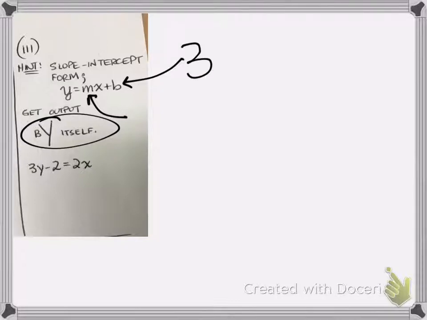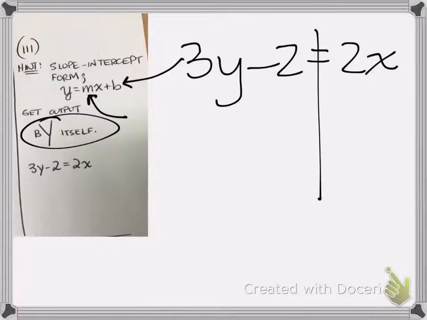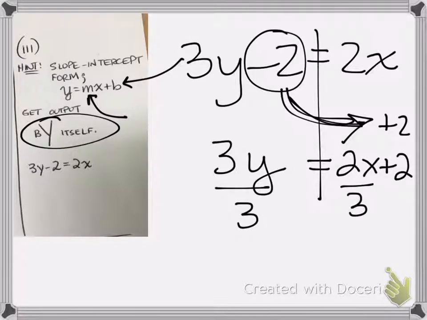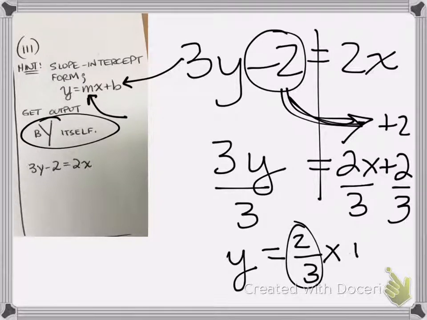My first step, and I'll write it a little larger so it's easier to see the work, the only thing that's on that same side with the y right now is the minus 2, so we're going to kick that to the other side, which gives us 3y equals 2x plus 2, right? Change sides, change signs, that's why that changes. And now we just have to divide everything by 3, so we can get that output y isolated. So slope-intercept form would be y equals 2/3 x, which tells us the slope is 2/3, plus 2/3, which would be the y-intercept, but in this case it doesn't really matter.